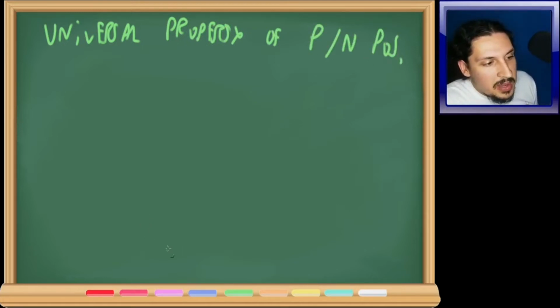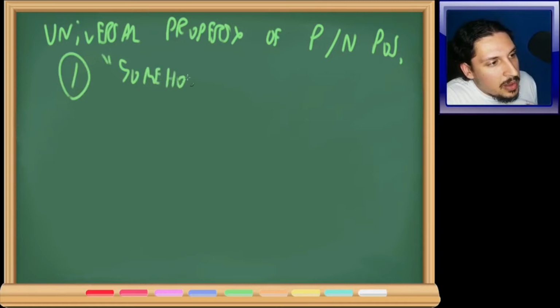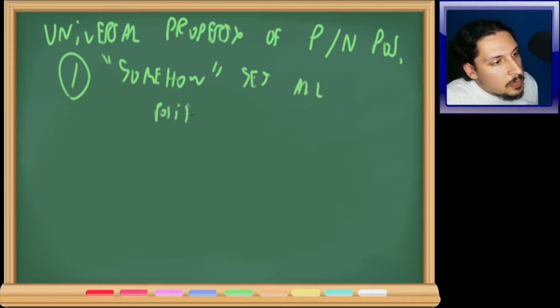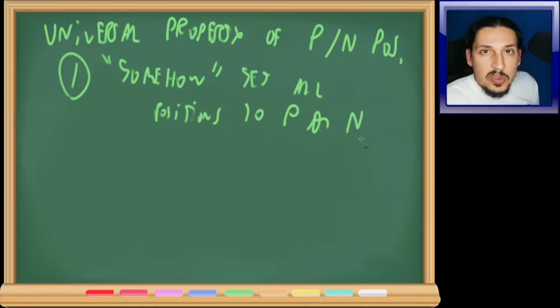And basically, the rule is like this. Let's suppose that you somehow, it doesn't matter, basically you guess it. You somehow set all positions to P or N, whichever way you want.